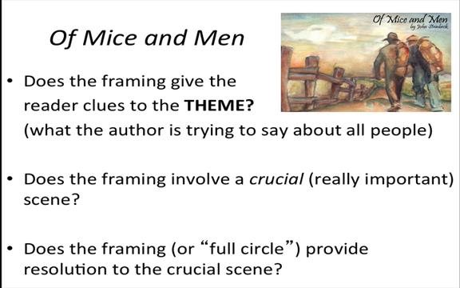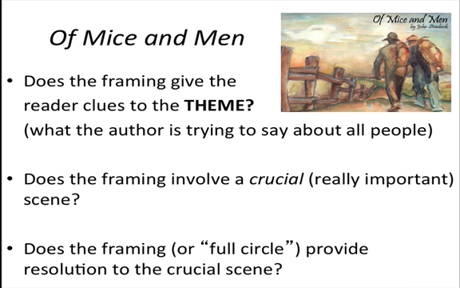So, in Of Mice and Men, you should ask yourself these questions. Does the framing give the reader clues to the theme, or what the author's trying to say about all people? Yes, the author is very clearly saying something about our responsibility to take care of the people that we consider our family. Does the framing involve a crucial or really important scene? Well, yeah.